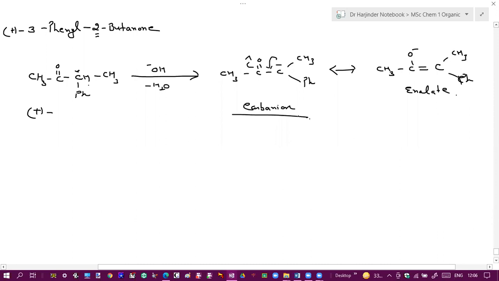Then this carbonyl, what kind of geometry does it have? You must remember from first semester that carbonyls can have sp3 hybridization or sp2 hybridization. In this case it is sp2, because this negative charge is in conjugation, so it must be sp2 and therefore has planar geometry. When it has planar geometry, the electrophile can attack from both sides. What is the electrophile in this case?